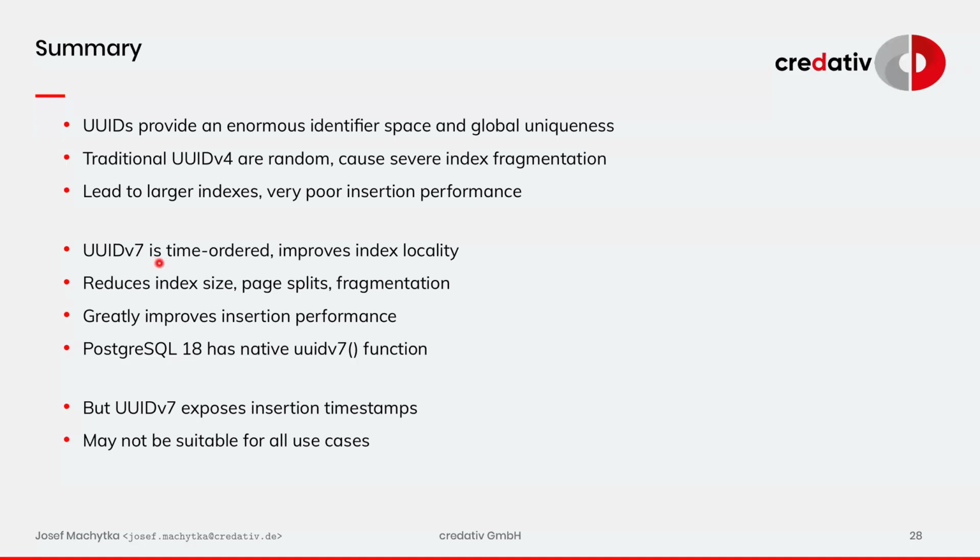UUID version 7 values are time ordered, they improve index locality, everything is nicely ordered. They reduce index size, pages are not split because values are just added one after another. They greatly improve insertion performance, and Postgres 18 includes native UUID version 7 support, so it makes things very easy for us.